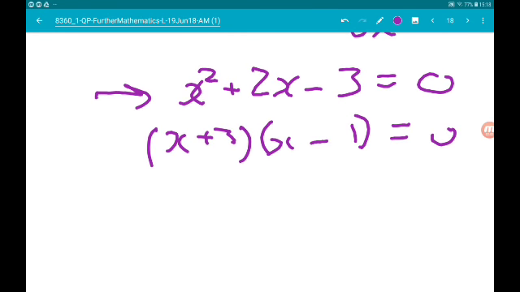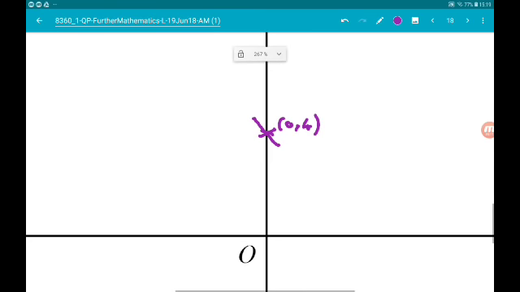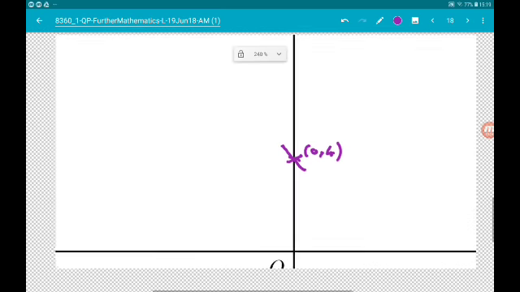So the x coordinates of the stationary points are x equals minus 3 and x equals 1. Now, because the curve is going through the y-axis with a negative gradient, that then means that the maximum has to be on the left of the y-axis.